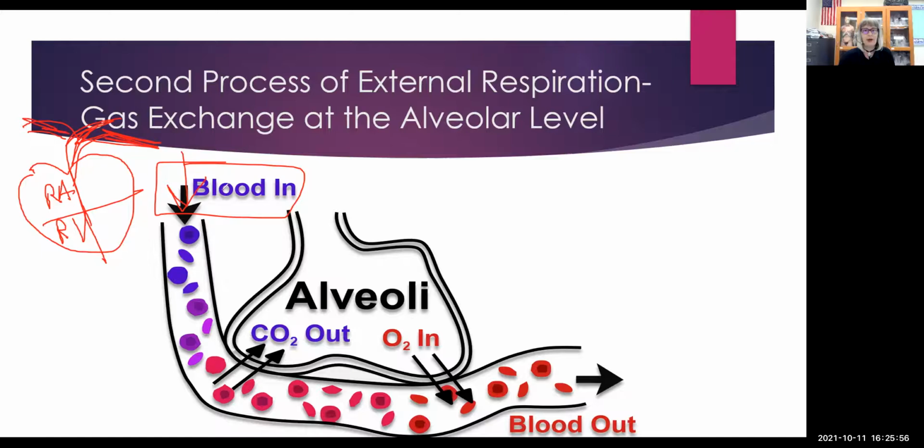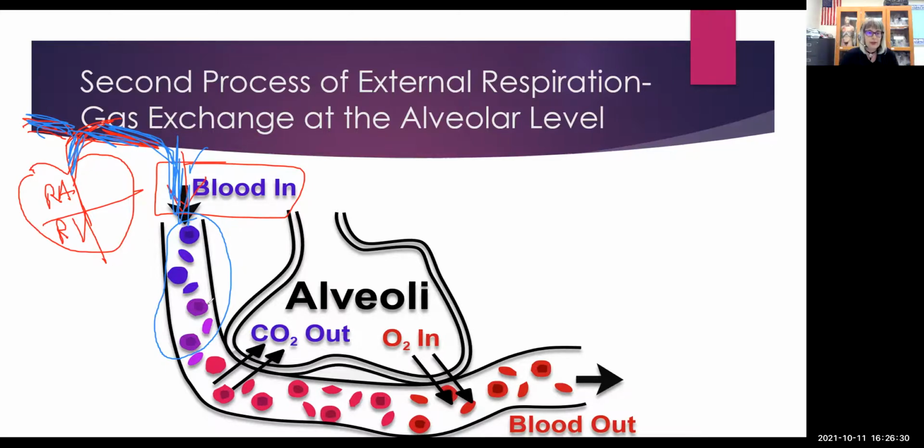And if you remember, I should draw it in blue because it was deoxygenated blood. And so deoxygenated blood is coming in like so. And so we've got all these red blood cells filled with CO2 in the form of bicarbonate, also bound to hemoglobin as well.